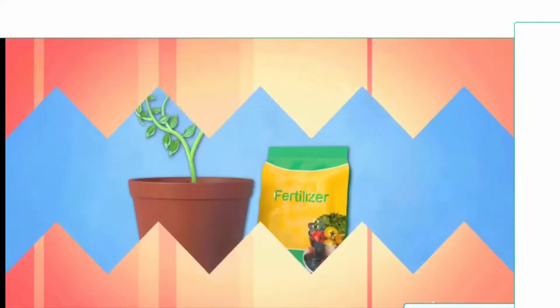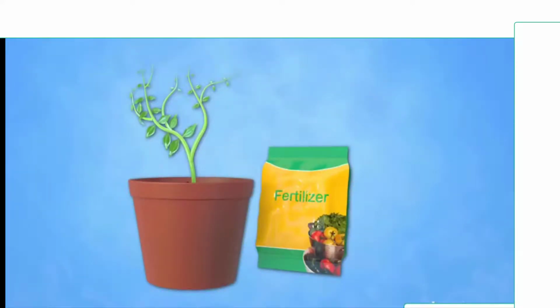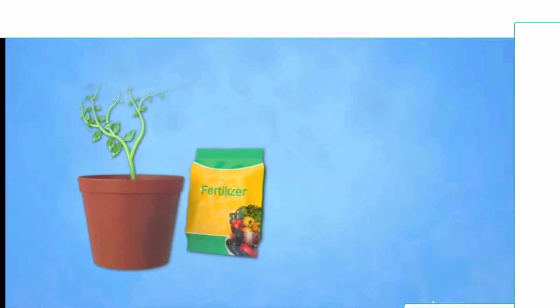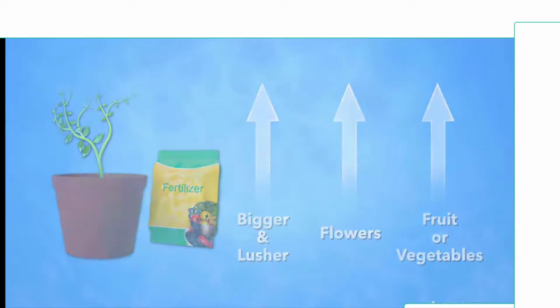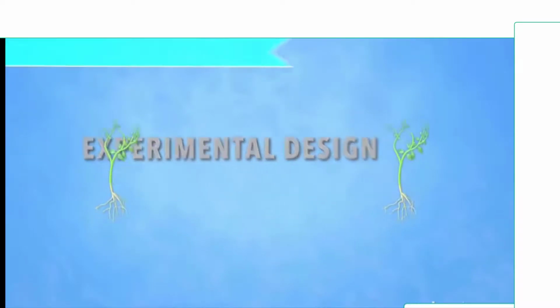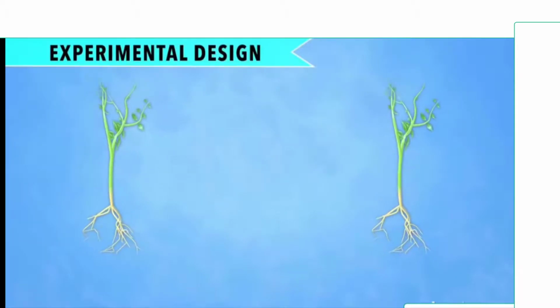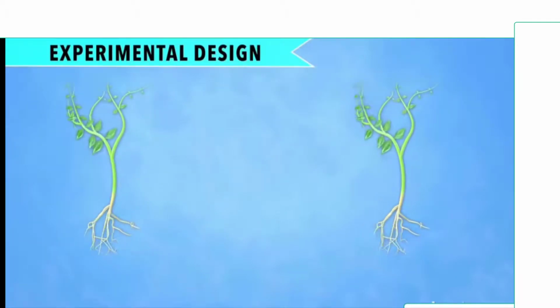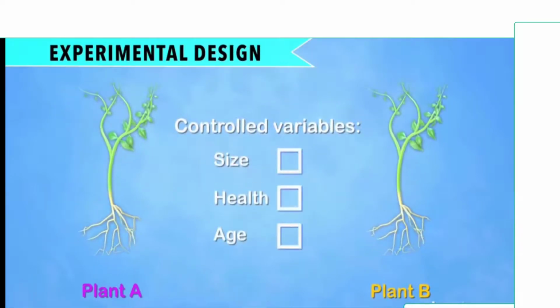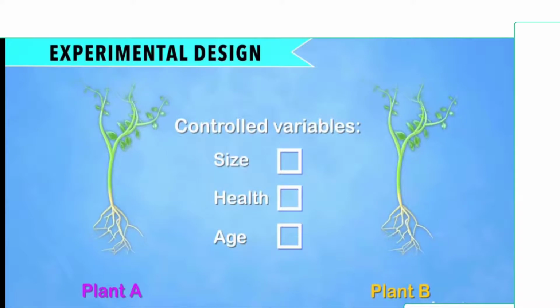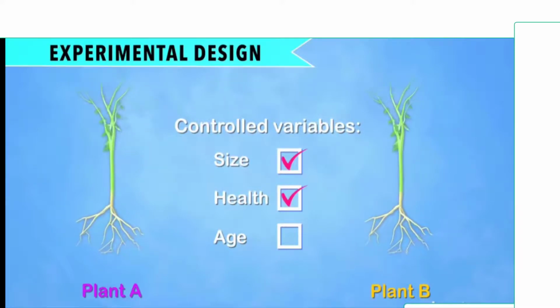Let's take an example. Students, we know if we use fertilizer, then we have bigger and lusher leaves for a plant, flowers and fruits of vegetables. Now we design an experiment to check. Let's take two plants, plant A and plant B. Both plants have equal size, same health and same age.